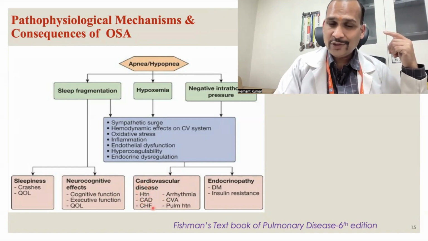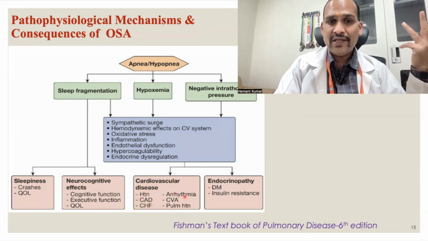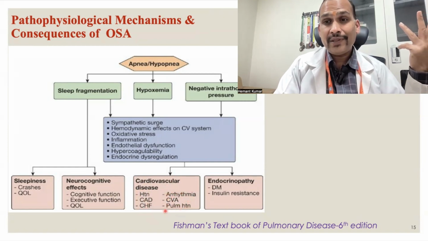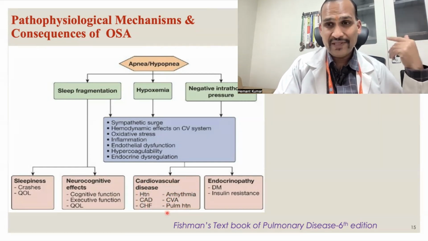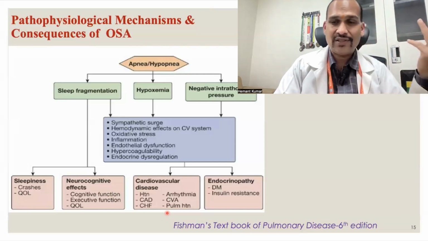Because of less oxygen, the patient will have hypertension, coronary artery disease like heart attack, heart failure, CHF, arrhythmia, and the patient may have stroke, hemiplegia. The patient will have brain paralysis because of less oxygen.